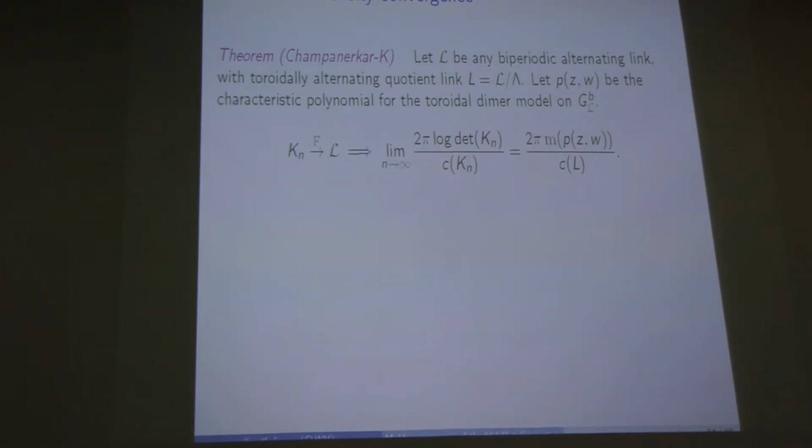And that turns out to be the toroidal quantity that is the limit that we care about. And so I want to discuss that quantity.